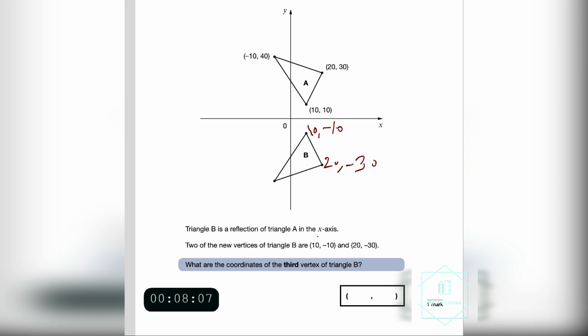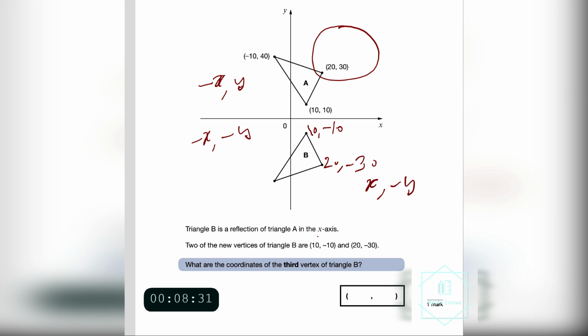As per the thumb rule, this quadrant is always positive x, positive y. In this quadrant it is always minus x and positive y. In this quadrant it will be minus x and minus y, and in this quadrant it will be plus x and minus y. Right? So here we are saying minus x and minus y.